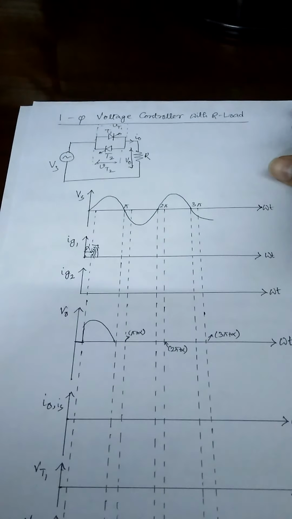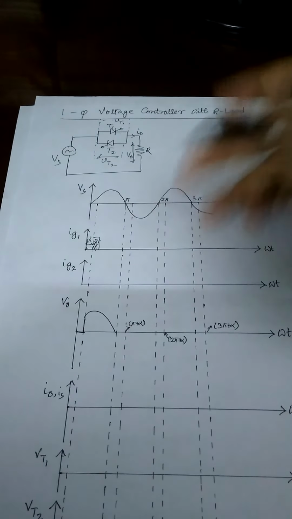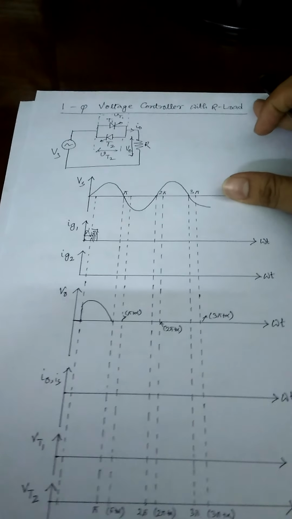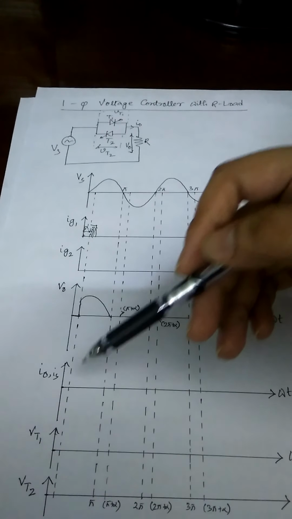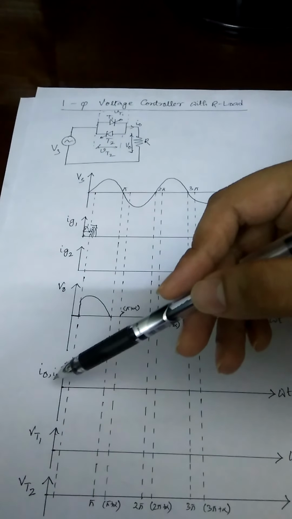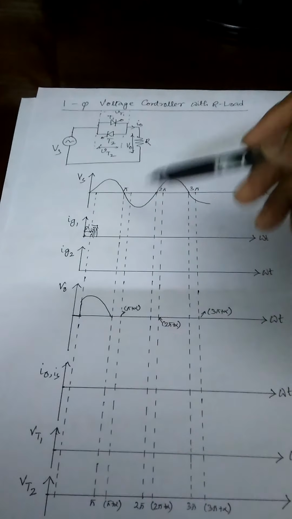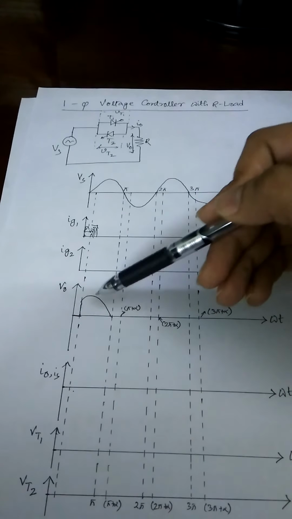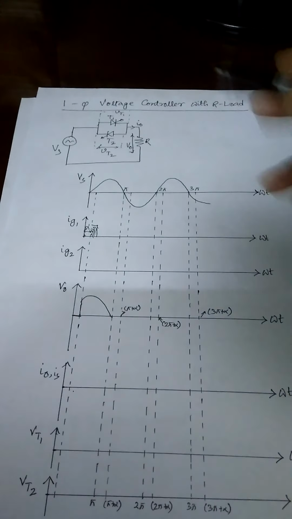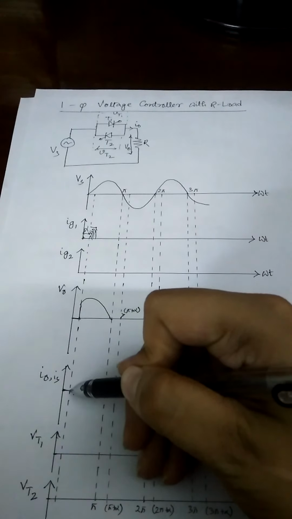So this voltage obviously continues up to pi point, and obviously as it is a resistive load we are considering here, the source current and load currents, we already said that the source current and load currents will be of similar nature, as it is dependent on this triggering, and so this current waveform is also similar to the voltage output waveform because it is a resistive load. So the current waveform will be similar.